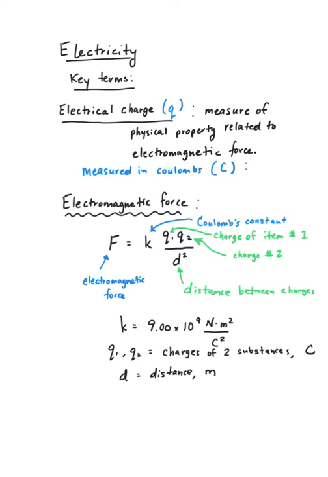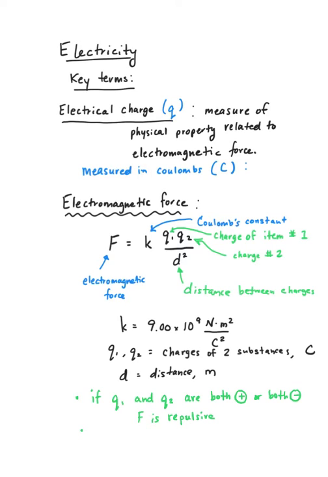So, if Q1 and Q2 are both positive or both negative values, we say that the force between those charges is repulsive. Those two charges repel each other.